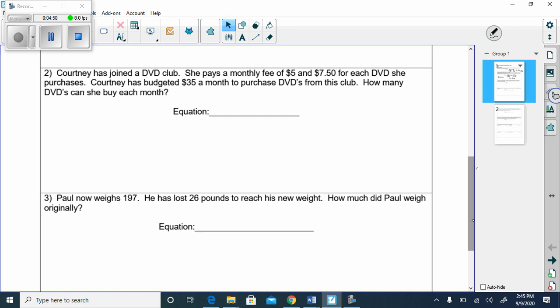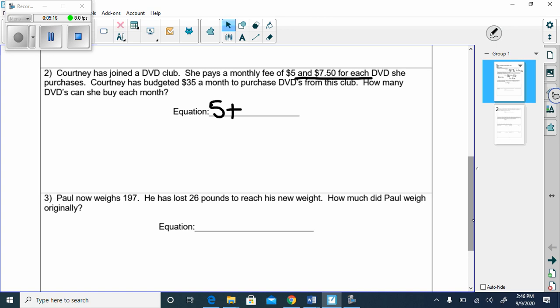Okay. So what is the fixed fee that's never going to change? 35. The fixed fee when she's paying. $7.50. $5. So we've got our $5 that's fixed, right? But it does say and. So you add. Good. $7.50 for each DVD.